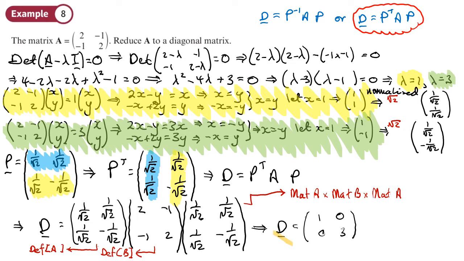Now we could also have used the other method where we find the inverse of the matrix P rather than normalize it. So we'd have P as 1, 1, 1, negative 1, with that in the first column, that in the second column. Find the inverse of that and use that method. We would have got the same answer.